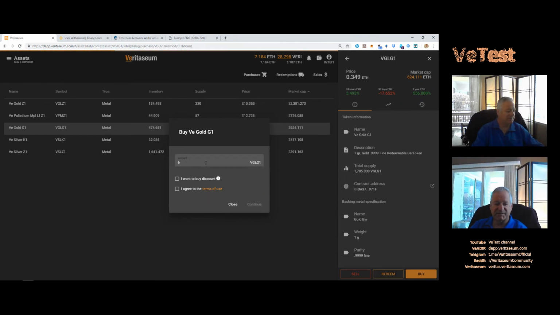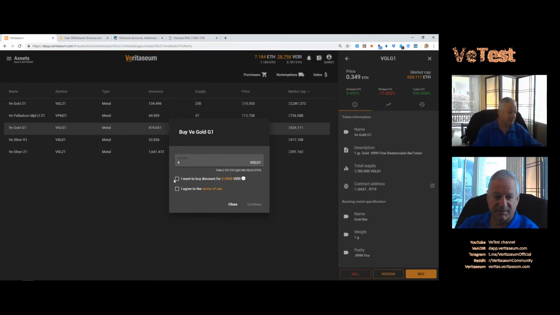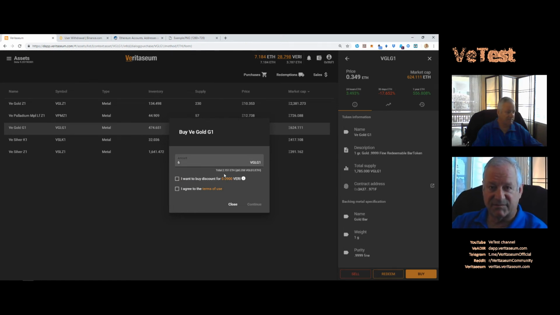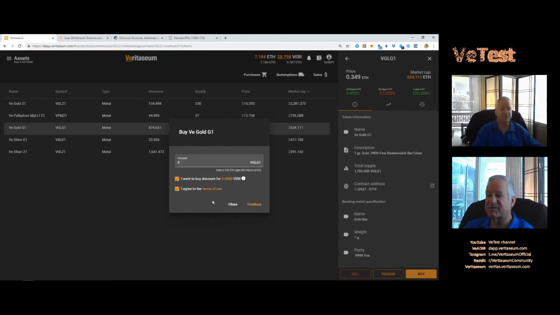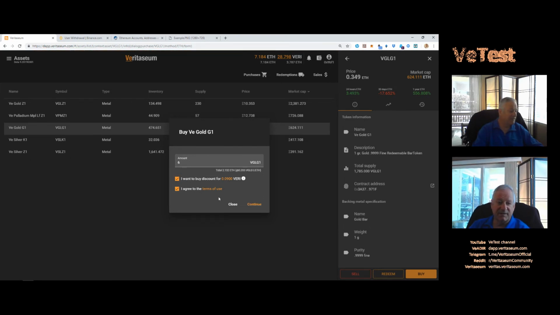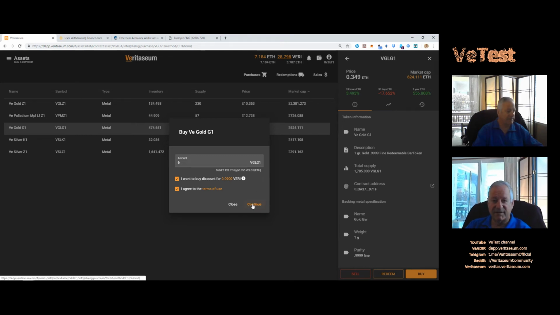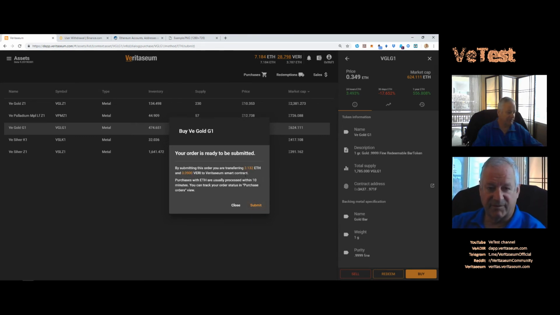And let's go for about 6 of these. Gives us just over 2 Ethereum. I do want the discount, and I've read the terms of use and agree to those. And let's go ahead and kick that one off. We're transferring 2.132 Ethereum and 0.09 Veri to make this purchase.